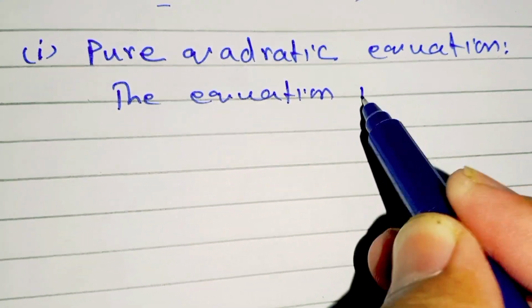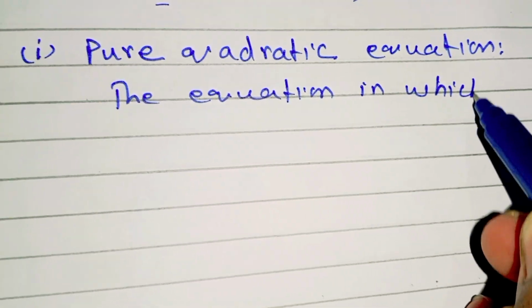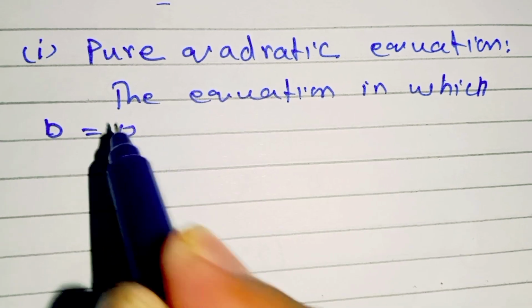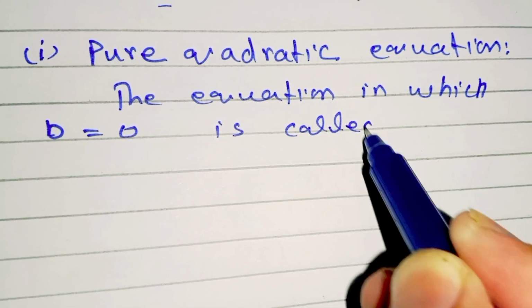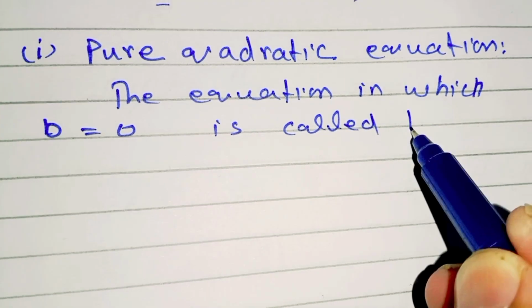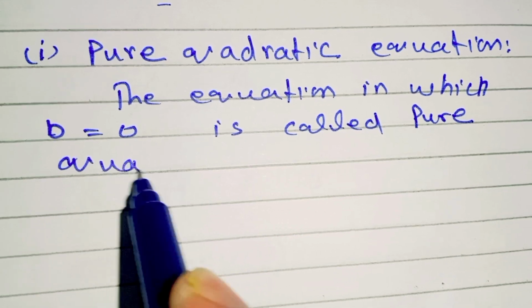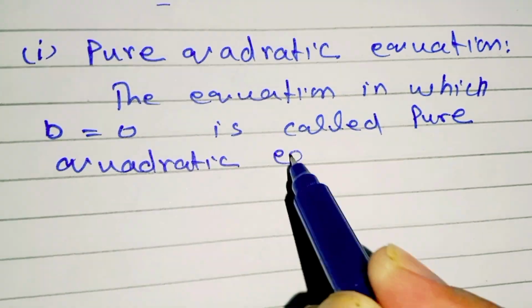The quadratic equation in which b is equal to 0 is called pure quadratic equation.